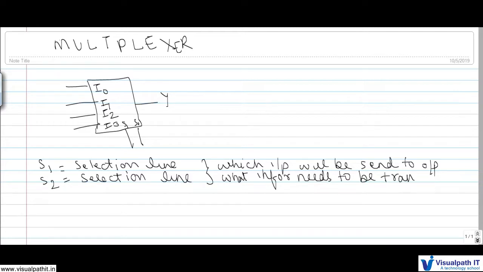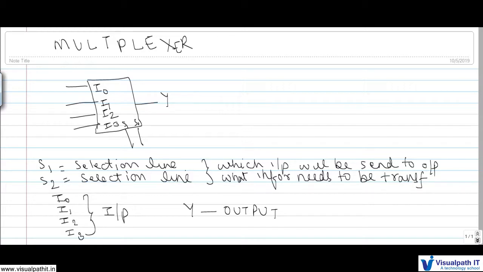That can be done with the help of selection lines. These I0, I1, I2 and I3 are called inputs, and Y is the output. So this is a basic multiplexer circuit.